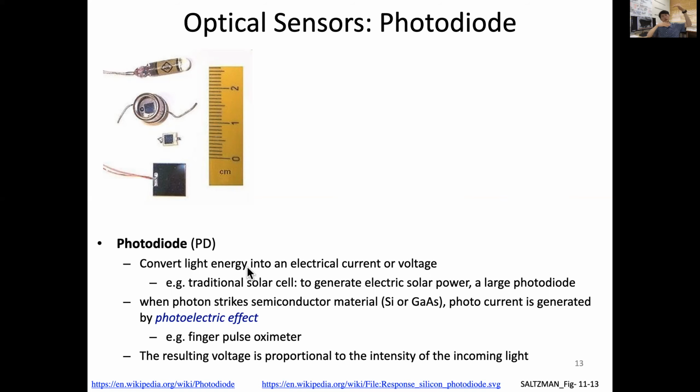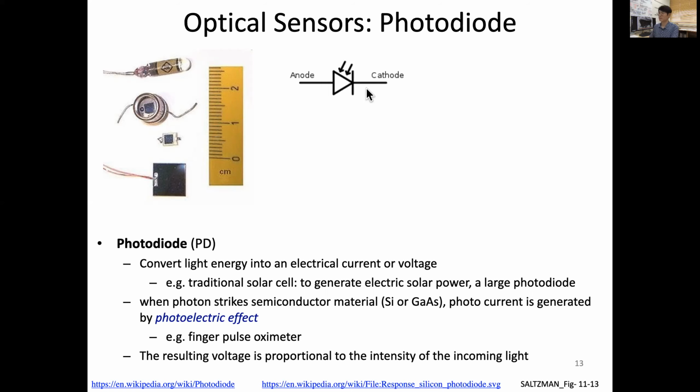When a photon strikes the semiconductor material such as silicon or gallium arsenide, a photocurrent is generated, again, by the photoelectric effect. So here is a symbol for this. What it means is when a photon gets in, then from anode to cathode, there will be a current.